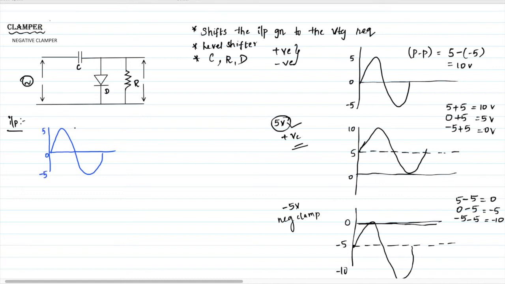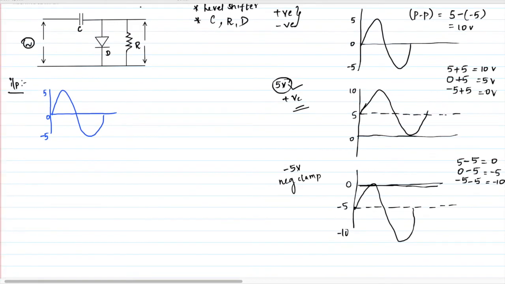So now when you use the negative clamper, what happens is that since capacitor is there, it will charge and discharge. So in order to consider the charging and discharging path of the capacitor, we need to assume this entire signal in 4 parts.